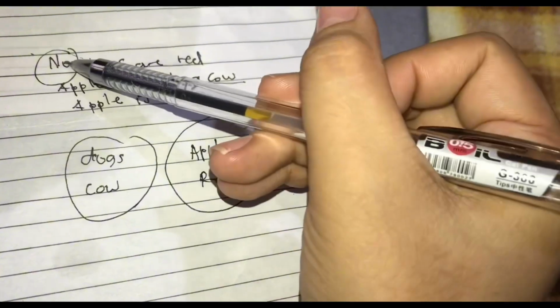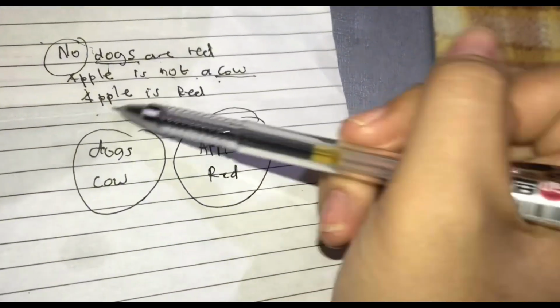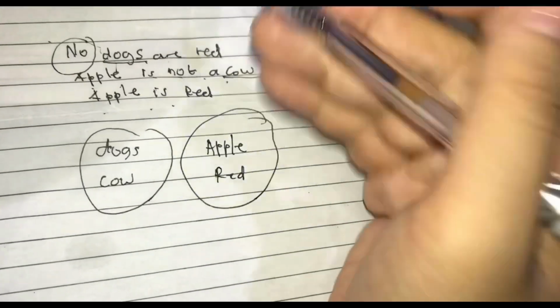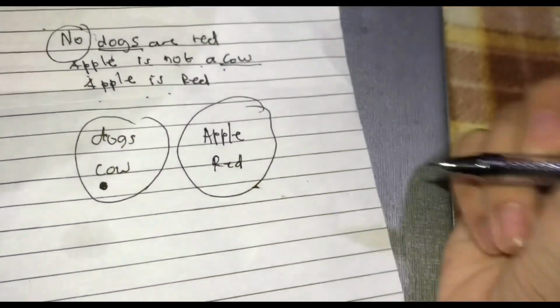So no dogs are red. Apple is not a cow. Apple is red. So we're going to put no here.